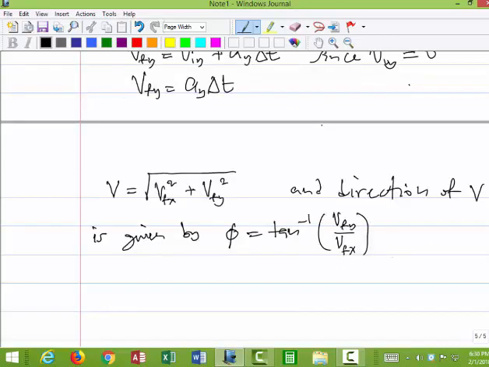So with this, we've calculated everything we need to know about the velocity, the motion of a charged particle in between the plates of a capacitor.